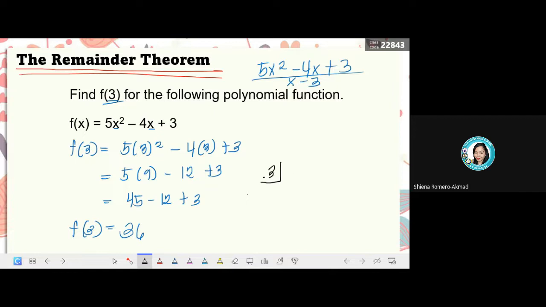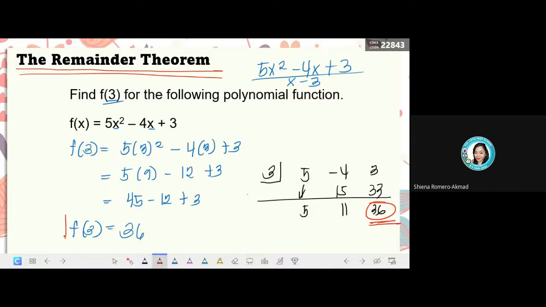So, di ba, kanina nung sinolve natin siya using the synthetic division, rewrite ko lang dito yung synthetic division kasi kasya naman pala. 5, negative 4, positive 3. Nung sinolve natin siya using this, nakuha natin yung remainder. Right? That is 36. Nung nag-substitute tayo ng 3 sa variable x, nakuha din natin yung remainder.